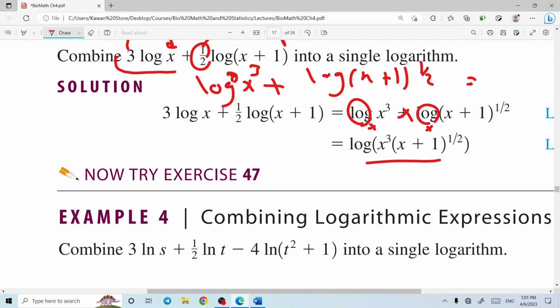How about this example? Do it by yourself. It's easy. Please try it.